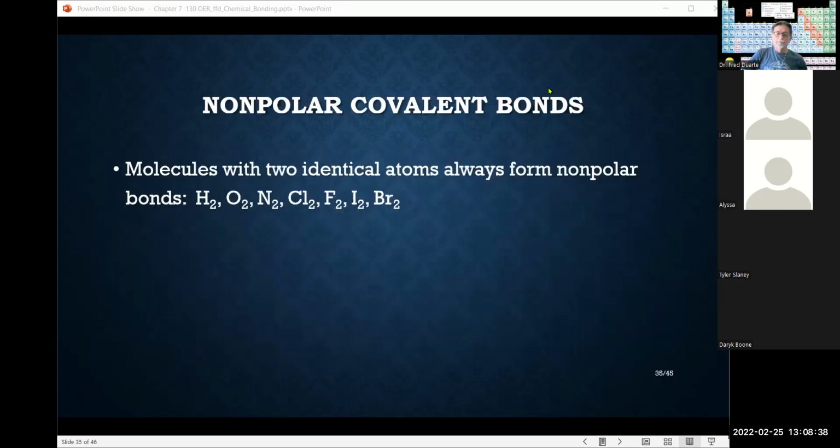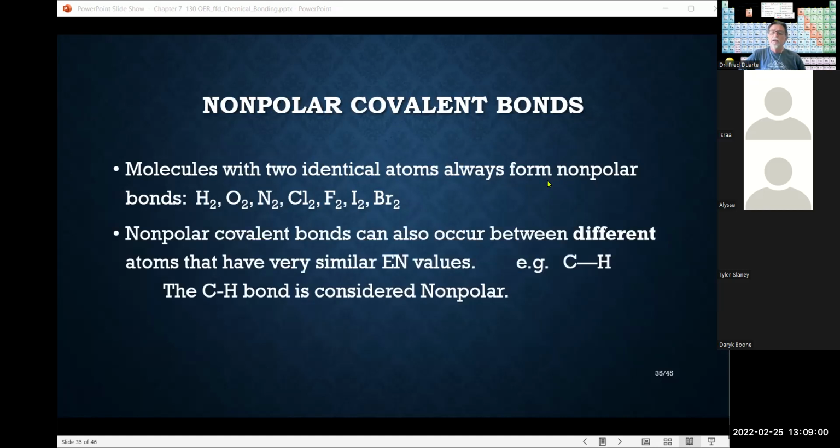All right, so nonpolar covalent bonds. All of the diatomics, all of them are nonpolar bonds. Why? Because the two atoms are the same, and therefore the electronegativity of each atom is the same, and there's no pull more than the other. They're all equal pull.